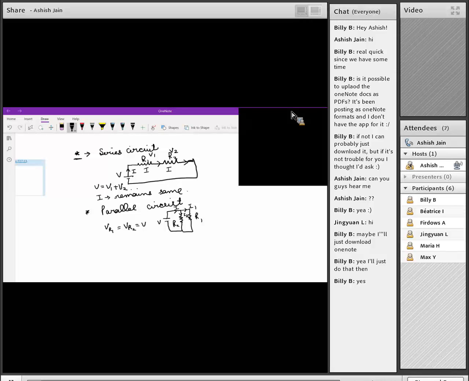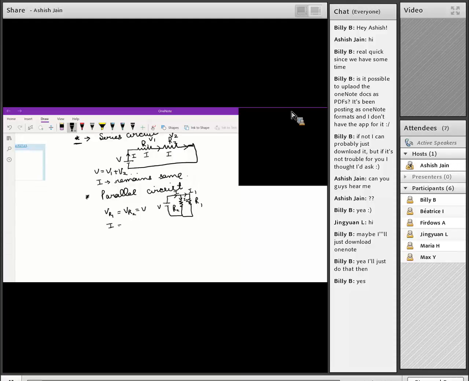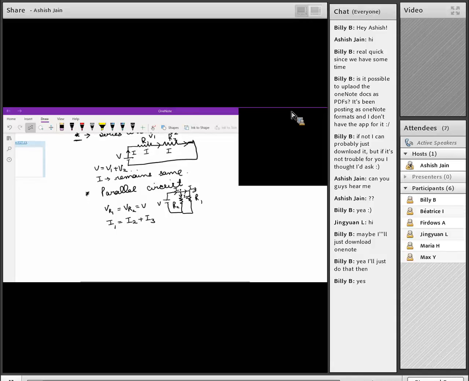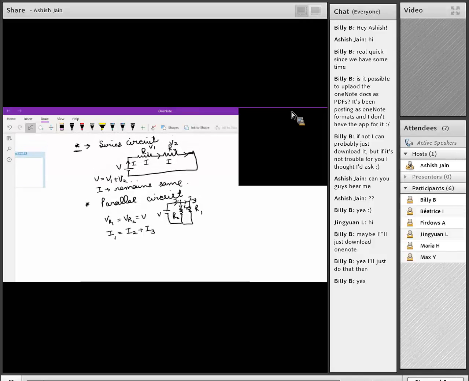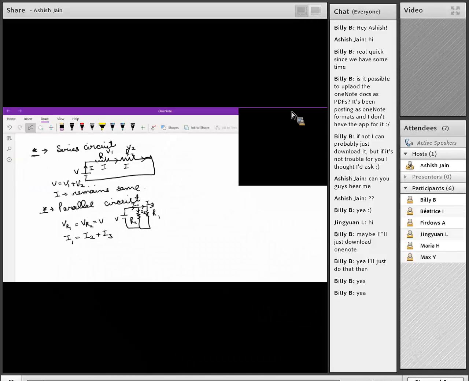So in a parallel circuit, the voltage across the resistors that are connected in parallel are equal, and that equals the total voltage across your battery. And the total current comes from Kirchhoff's current law. This is I1, this is I3. Is this cool? You guys get it, right? This all is coming from Kirchhoff's law, nothing new.